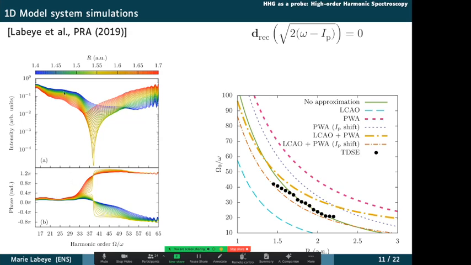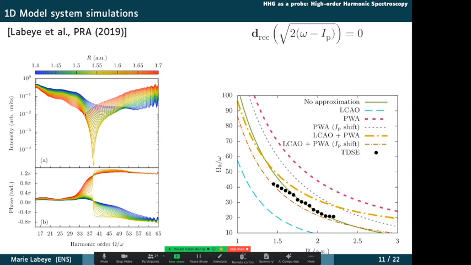And this is with different values of the internuclear distance R. So the color here gives the size of the molecule. Here it's not CO2, it's really a model system, so it doesn't really have a name. It's close to H2 in a sense, but just because it has the same ionization potential. And what we see is indeed that there is a minimum that depends on the internuclear distance R, so a structural property.